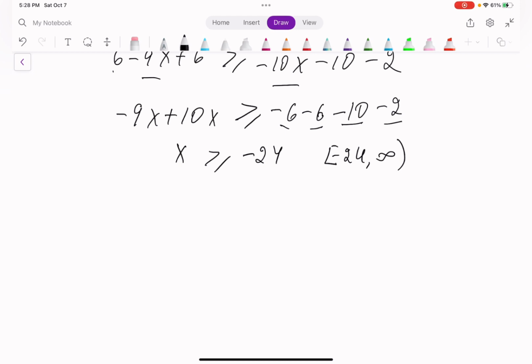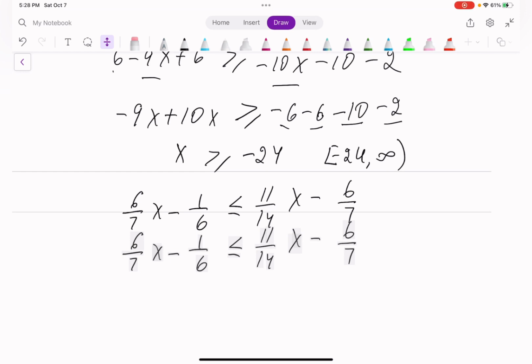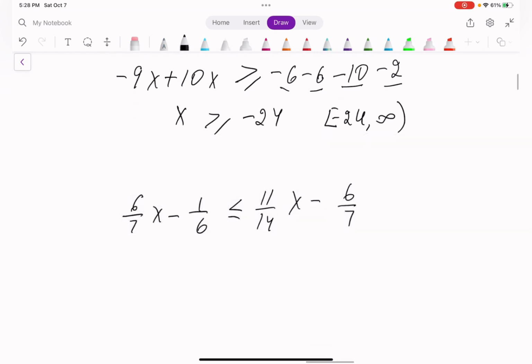So we have 6 over 7 x minus 1 over 6 less than or equal to 11 over 14, x minus 6 over 7. We need to bring to a common denominator the same way, bringing to common denominator and dropping.